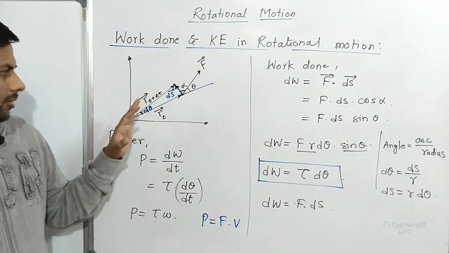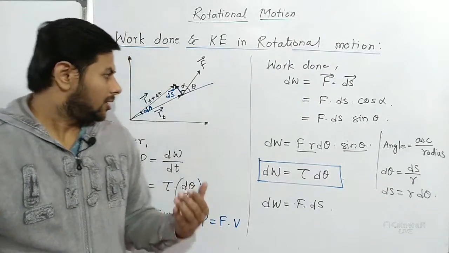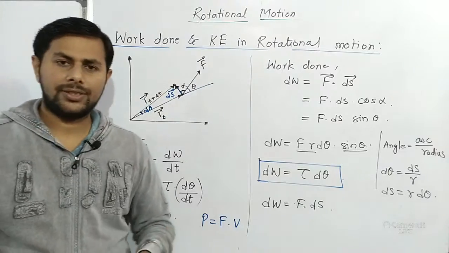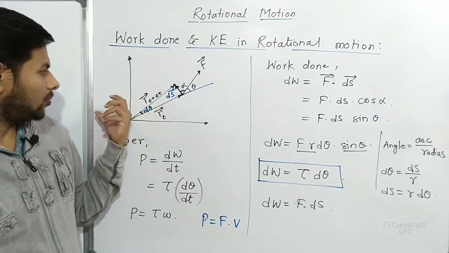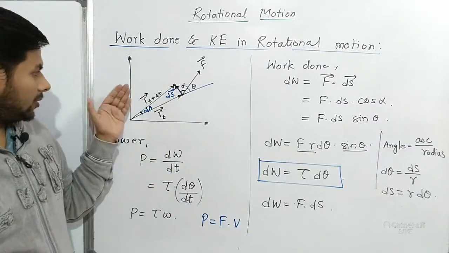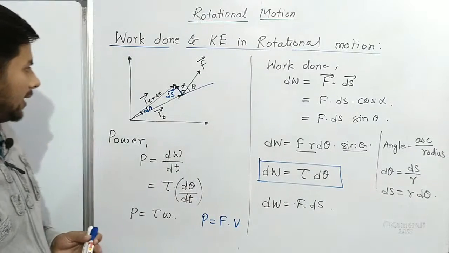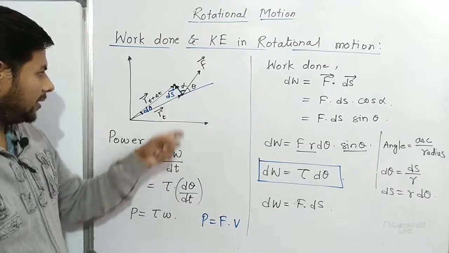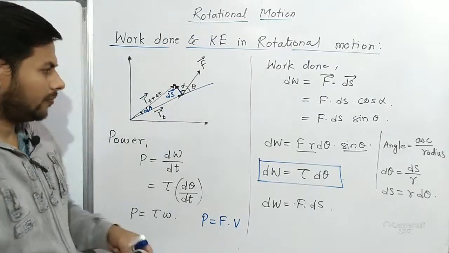Any torque acting on this particle will only change its kinetic energy, because there is no potential involved over here. So we can say that torque acting on a body increases its kinetic energy.